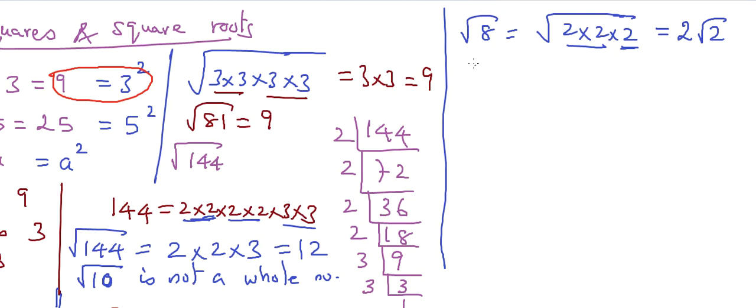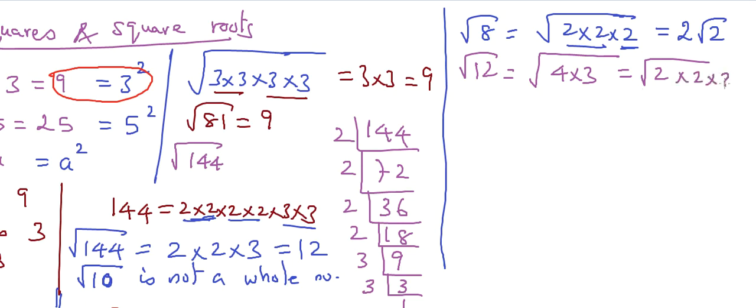Similarly, let's say root 12. This can be written as 4 into 3, but 4 is not a prime number, so you write this as 2 into 2 into 3. The prime factors of 12 are 2 into 2 into 3.